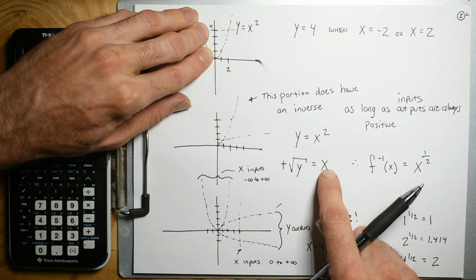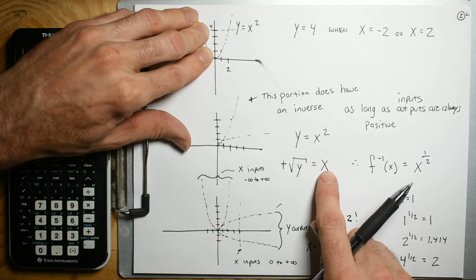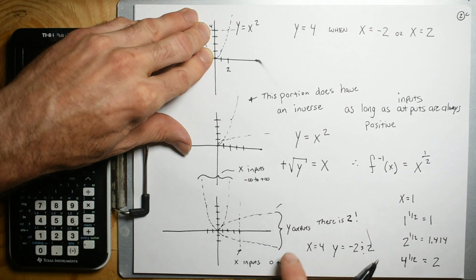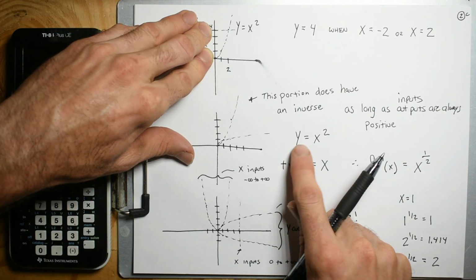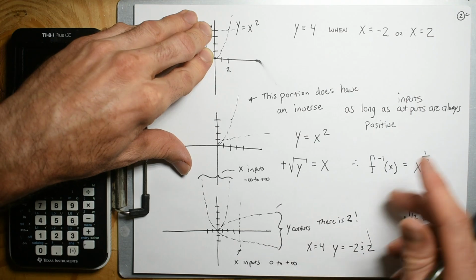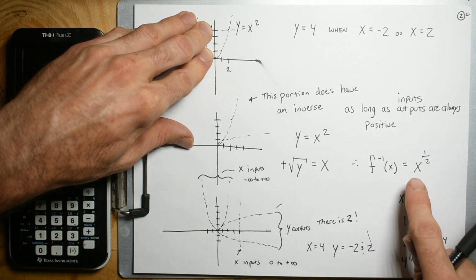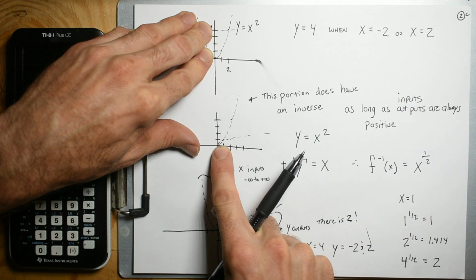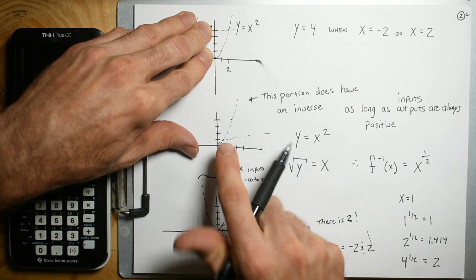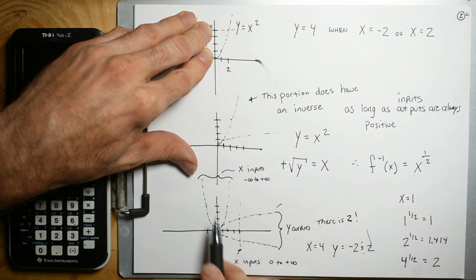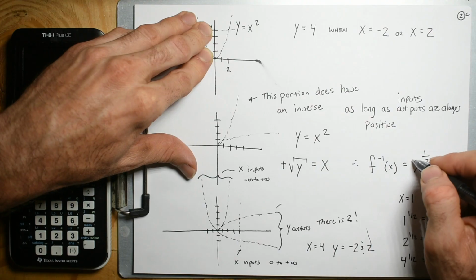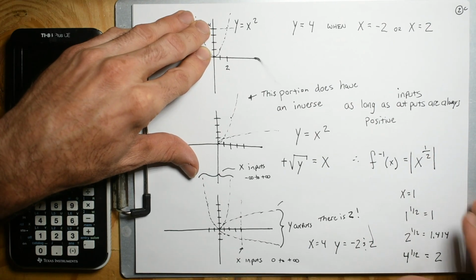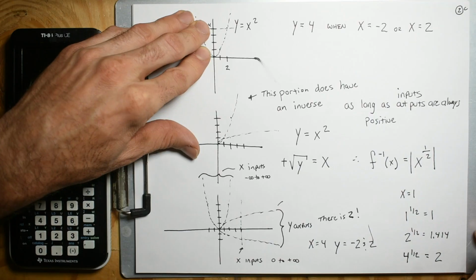And so this is the inverse function. It's the square root of x, or x to the half, and it's just going to be like that if we're taking the positive of that.